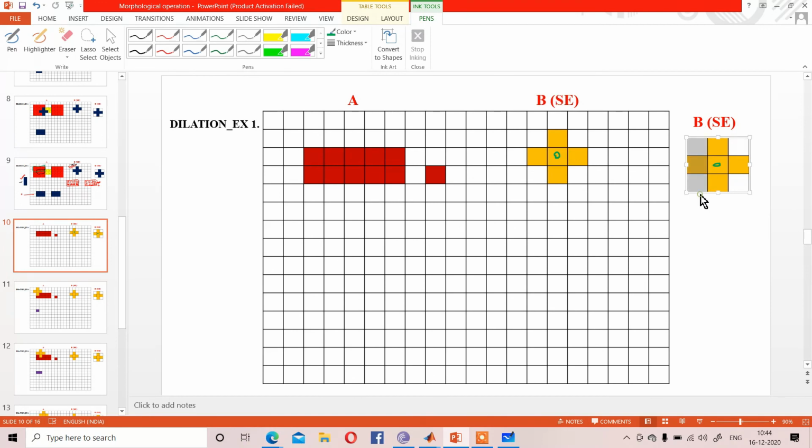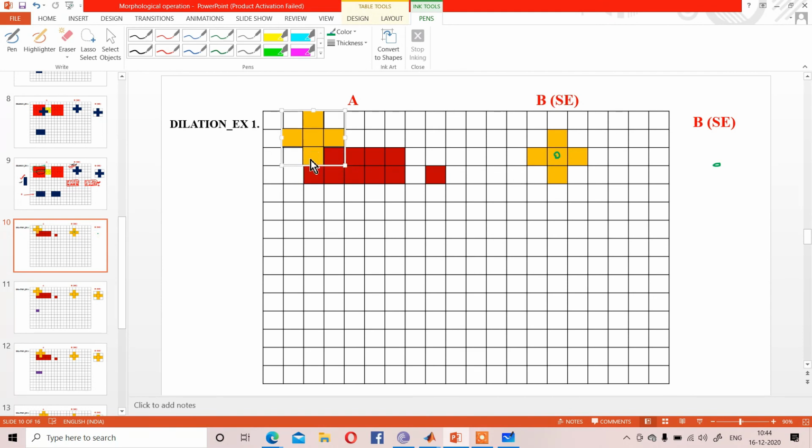Means, if this is your structuring element, you will compare here. If you compare that, the structuring element and the input image are sharing the same pixels.